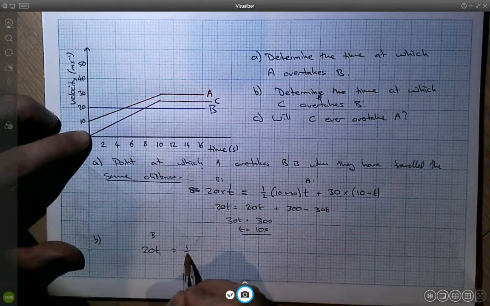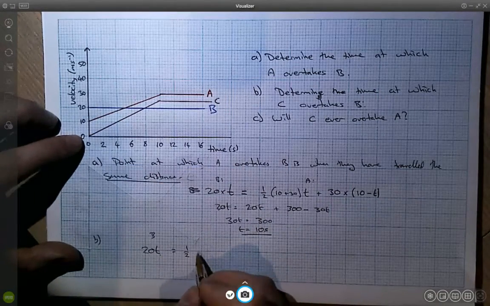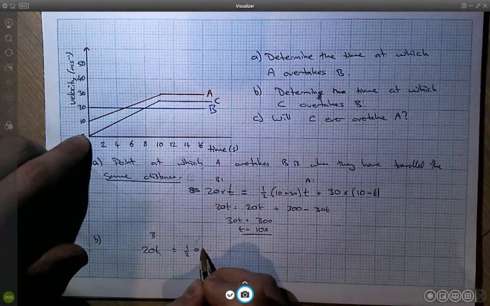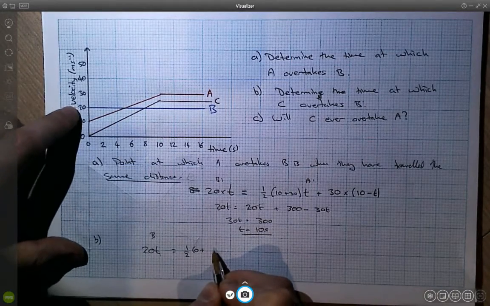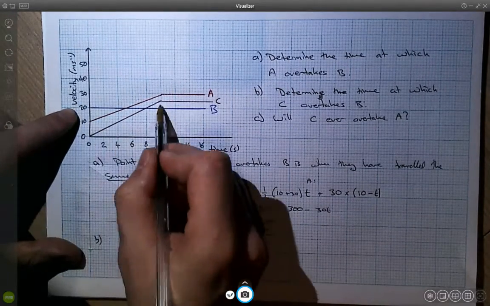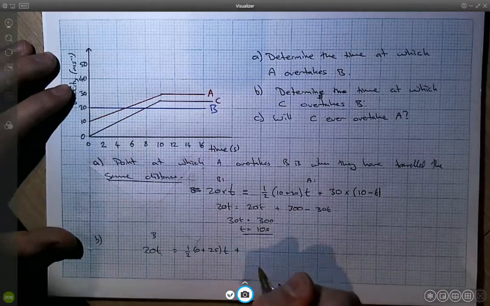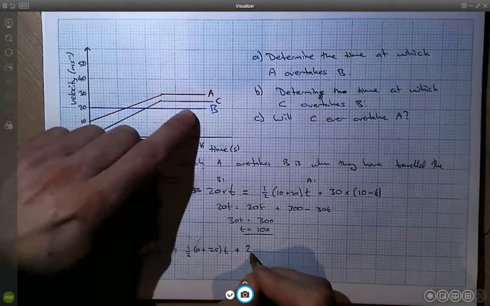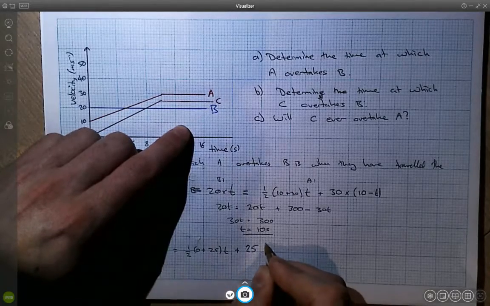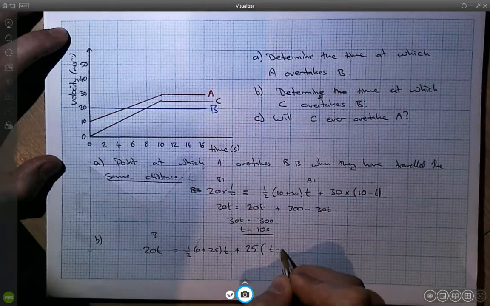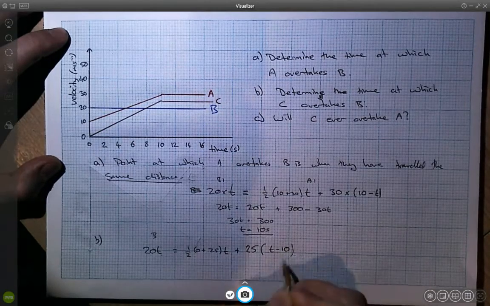So that's going to be half times 0 plus 25 times t, plus this constant speed for this rectangle, which is 25 times t minus 10 seconds.